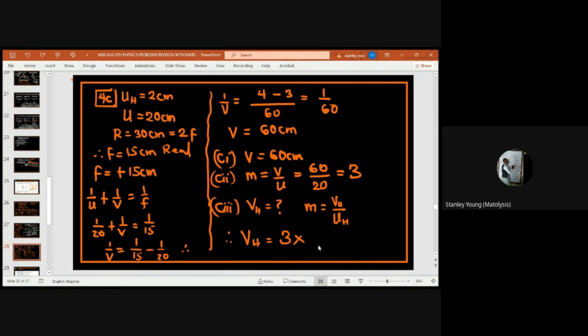And what's the object size? This is it here, which is 2 centimeter. So this gives us 6 centimeter. So the solutions to the 3 things we are looking for are: the first one, 60 centimeter. The second one, magnification is 3. The third one, the image size is 6 centimeter. That's quite straightforward.